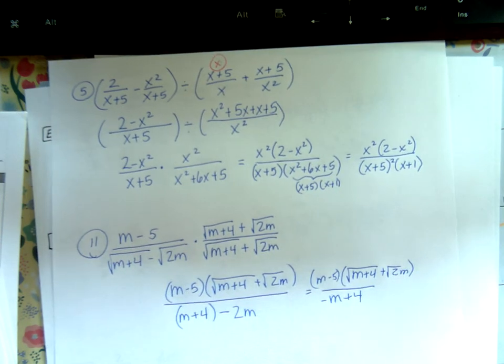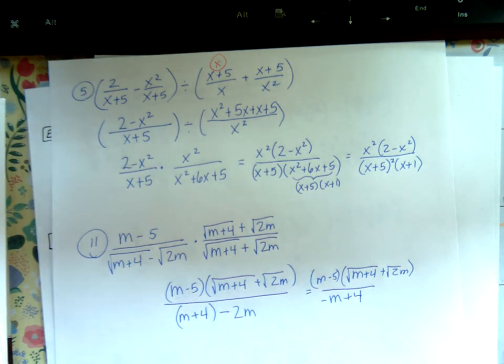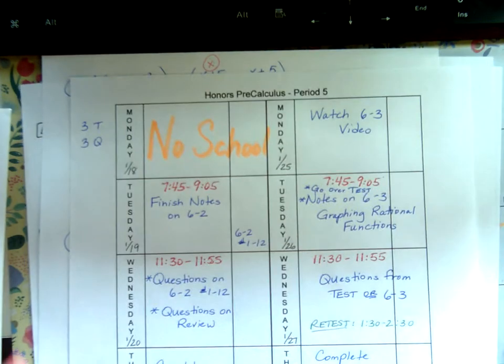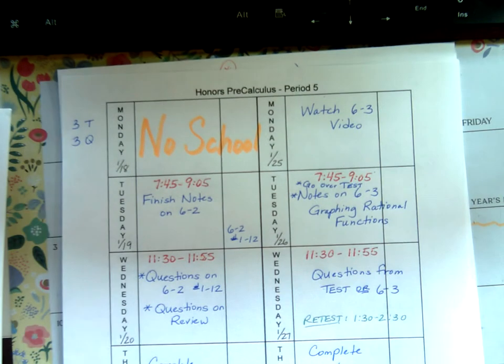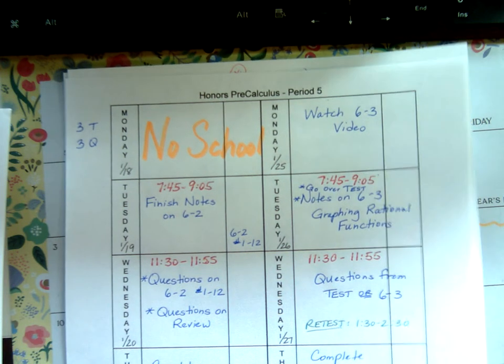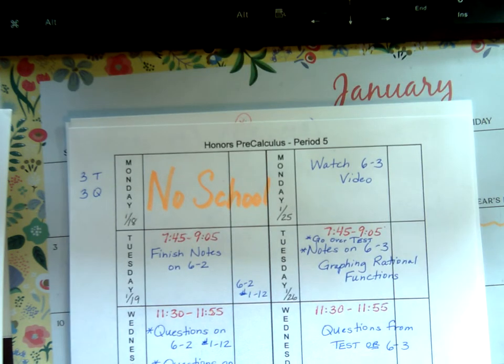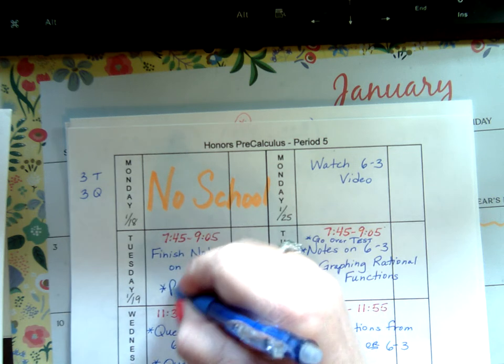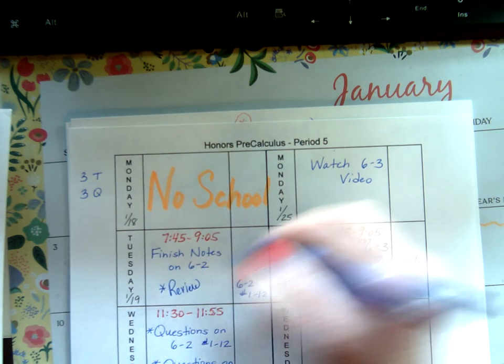All right, so let's go back and look at our schedule. Today is Friday. You don't have school on Monday. We don't need to finish the notes, so what we're going to do is do the review sheet. We'll start the review sheet on 6-1 and 6-2 on Tuesday when I see you again.